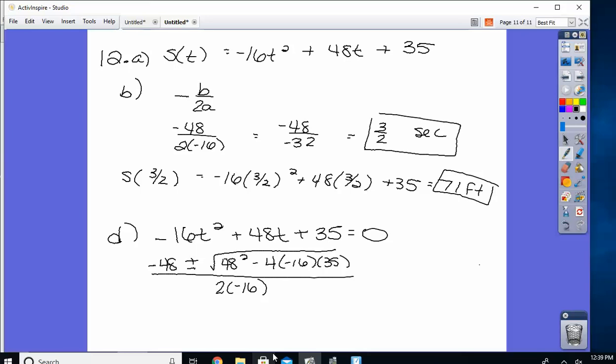So when I put one of these in, I get a negative answer. Can you have a negative? No, we're talking about time, when it hits the ground. So when you solve this, you get like a negative 0.6 and a positive 3.607, excuse me.